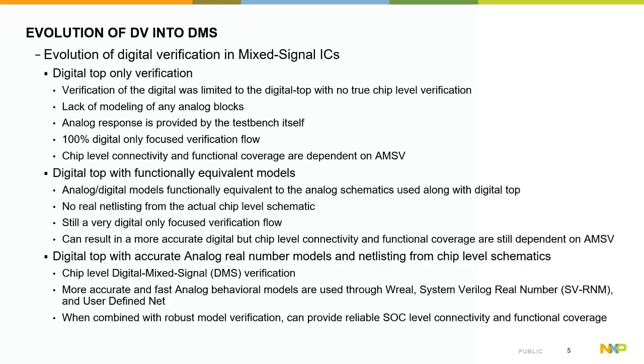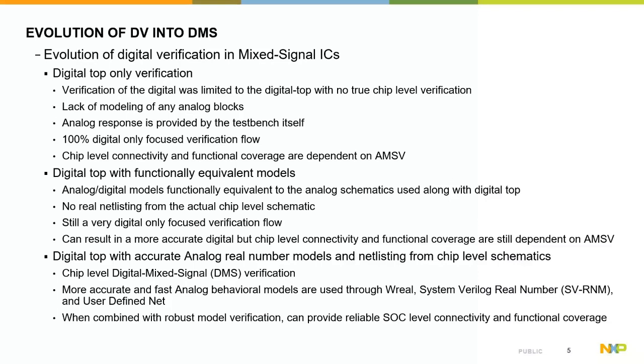The models were only functionally equivalent, not necessarily pin-to-pin equivalent. So that way, it was still a digital focused verification because we were still verifying only at the digital top level, but it could result in a more accurate digital verification, but still chip level connectivity and functional coverage were still dependent on AMS.